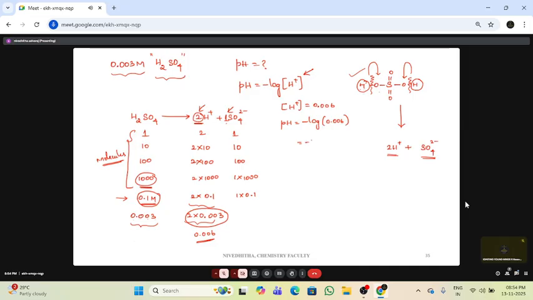Yes. So what I'm going to do is write it in terms of 10 power. How I can do that is I'm just bringing the decimal point to the right. So it is 6 into 10 power minus 3, since I'm moving the decimal 3 digits: 1, 2, 3.